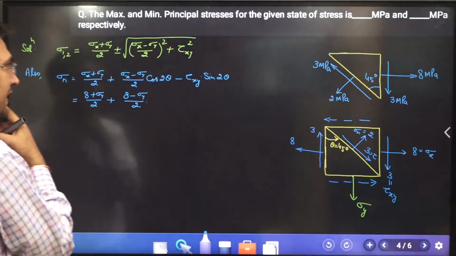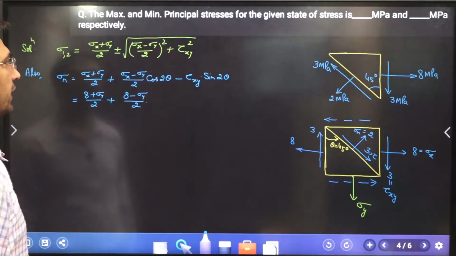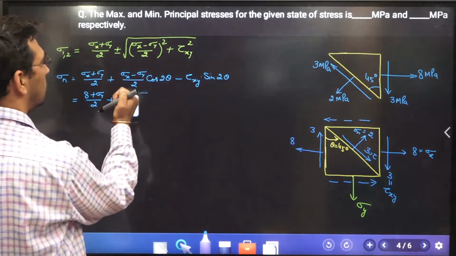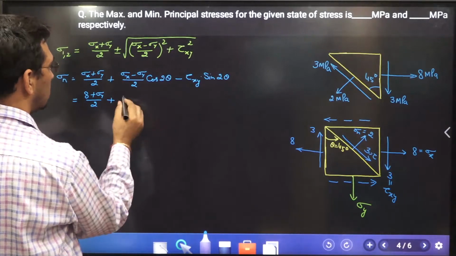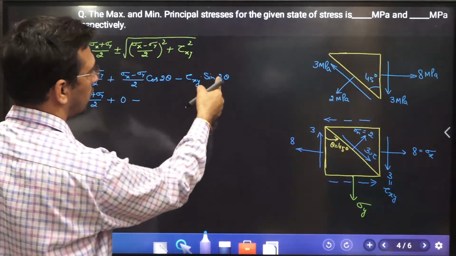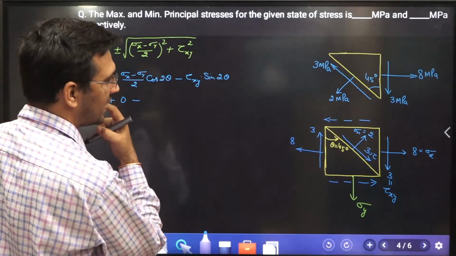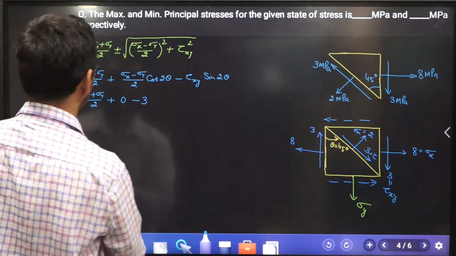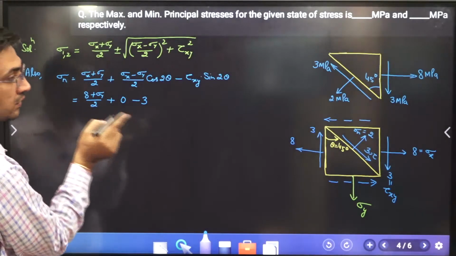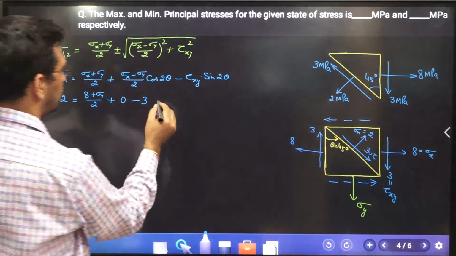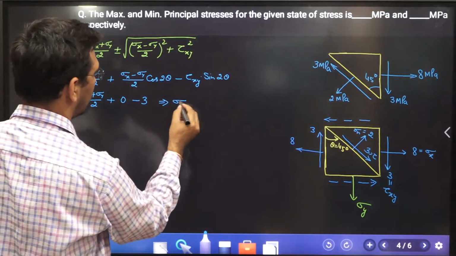How much is that? 2 theta is 90, so cos 90 will become 0, and sin 90 will become 1. Tau xy is how much? 3. And sigma n is tensile over there, so it is 2. Pretty easy. So from there, sigma y I can find out.